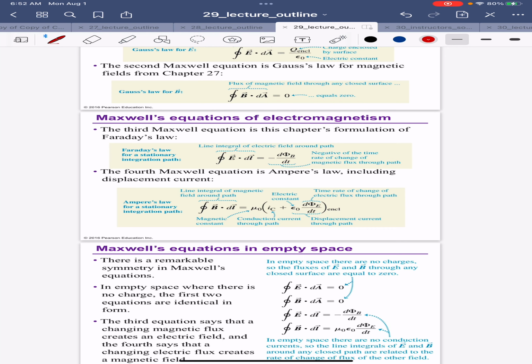It is saying that the integration of B dot dl over a closed path should equal mu zero, which is the magnetic constant, multiplied by IC, the conduction current, plus the displacement current, through the path.